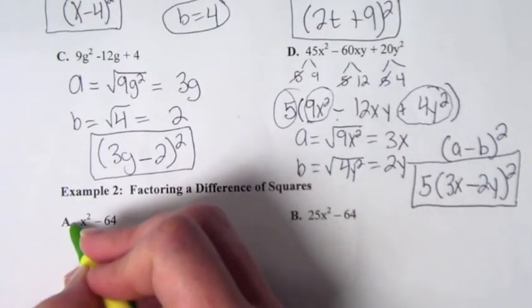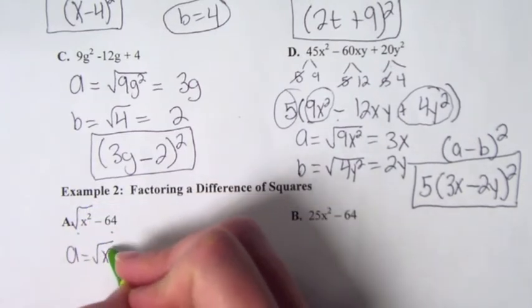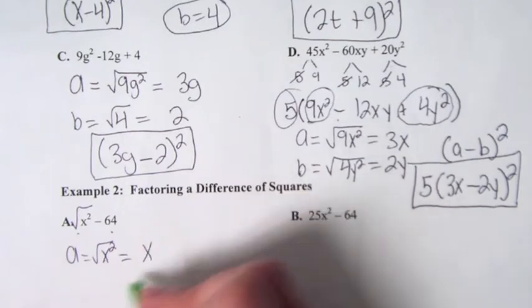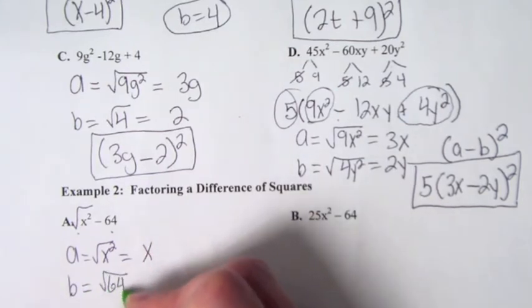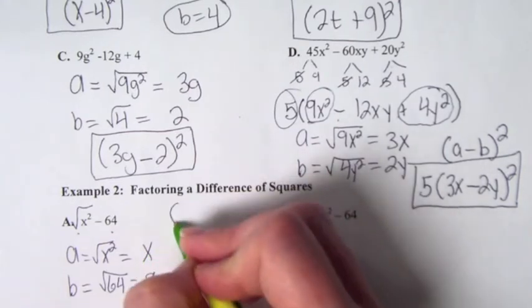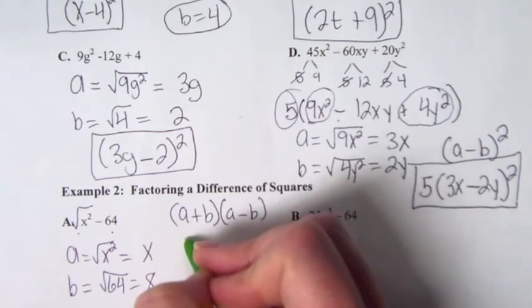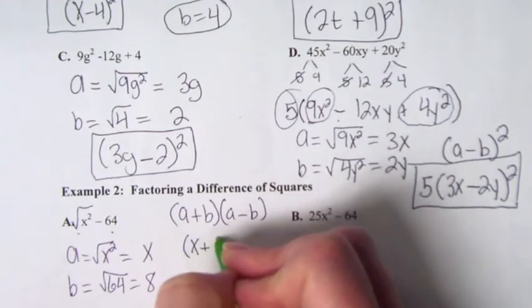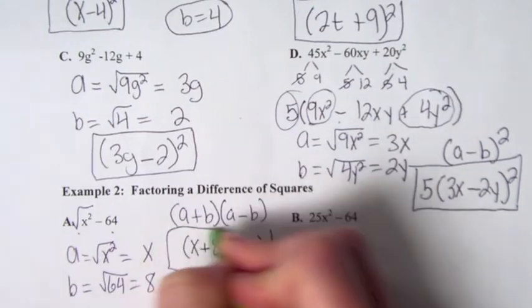So here we're going to look at the first one. a is going to be the square root of x squared, which is x. B is going to be the square root of 64, and we get 8. So a is x, b is 8. We're going to use the formula a plus b, a minus b. So we get x plus 8 and x minus 8. That is our factored form.